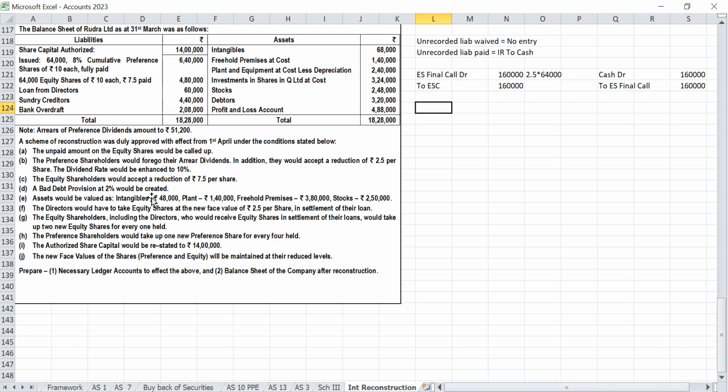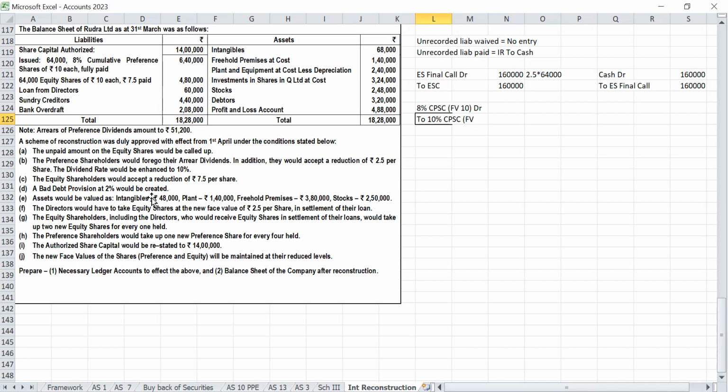The preference shareholders would accept a reduction of 2.5 per share. The dividend rate would be enhanced to 10%. Already 8% cumulative preference share capital of face value 10 was there. That I have to cancel. Instead, I have to give 10% cumulative preference share capital.